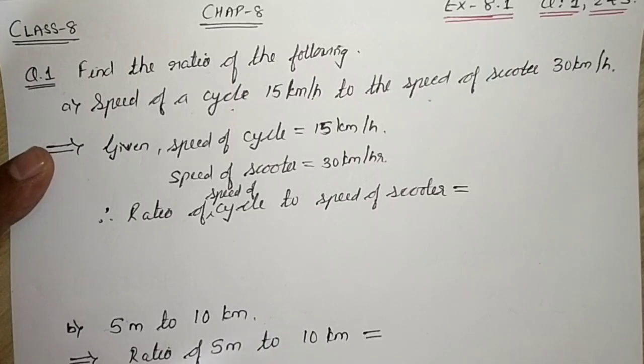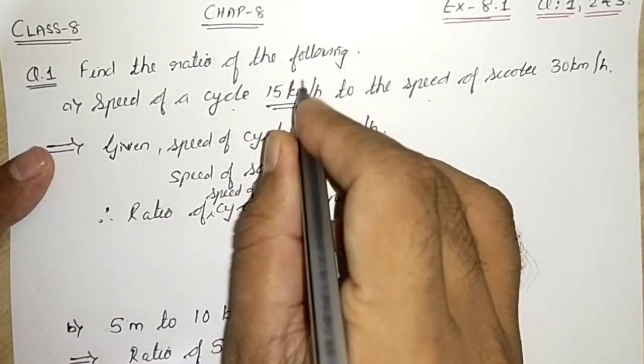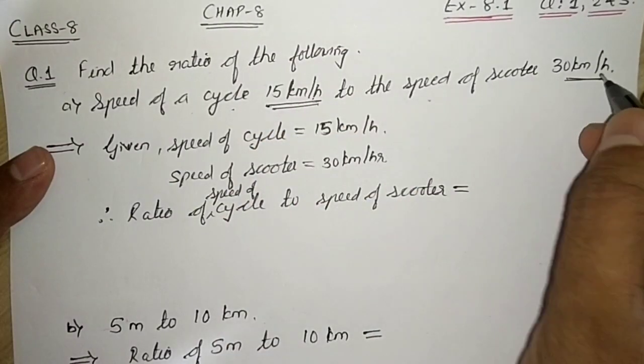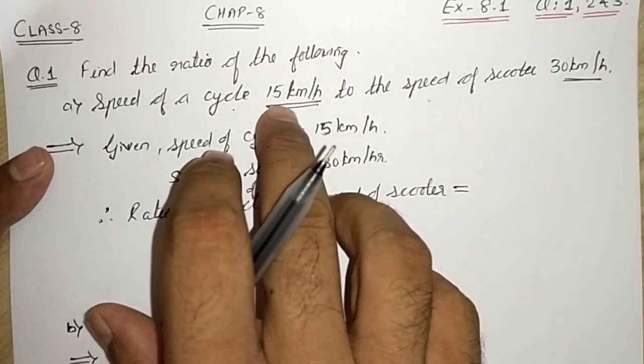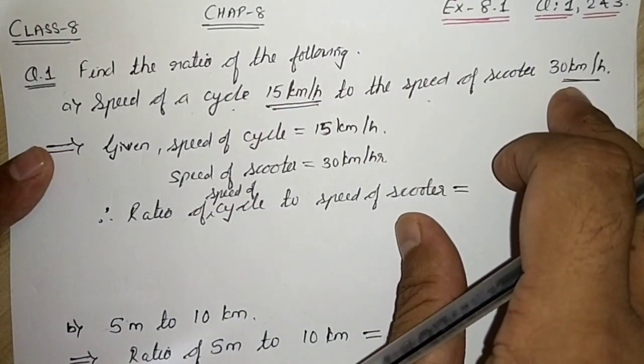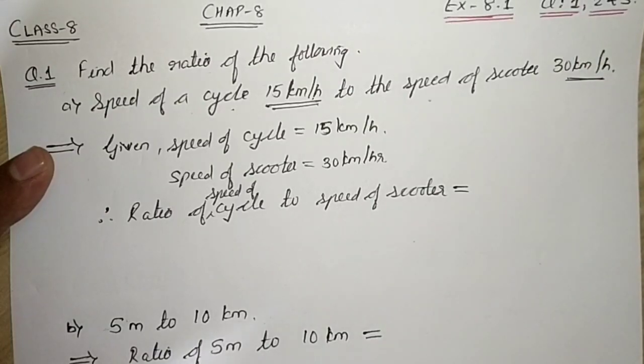First of all, for solving ratio, both the quantities must have the same unit, that is kilometer per hour, here also kilometer per hour. If that is not so, we have to convert it into the same unit, then only we can proceed forward. Here since they have given kilometer per hour and kilometer per hour, we can proceed forward.